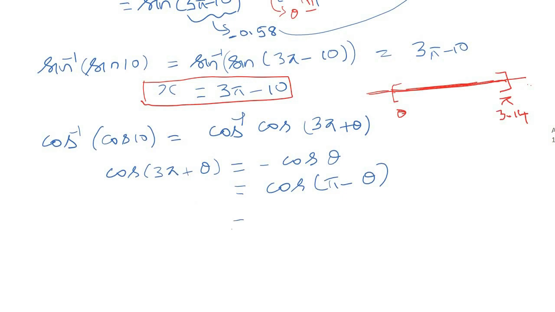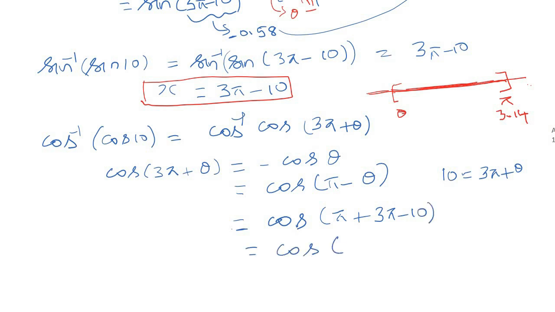So this is equal to cos of pi minus theta. We have to go back because we already said that 10 is equal to 3 pi plus theta. So minus theta will be 3 pi minus 10. So pi plus 3 pi minus 10. So this happens to be cos of 4 pi minus 10.